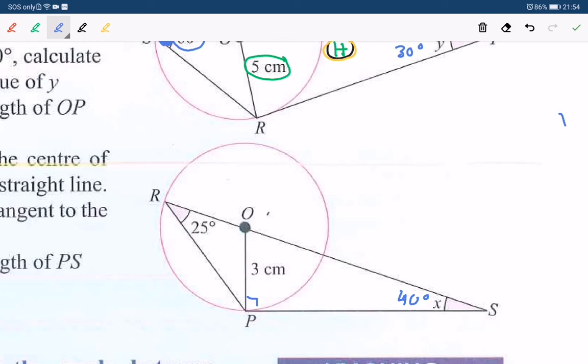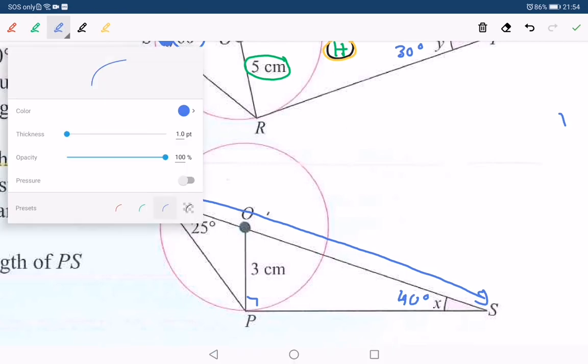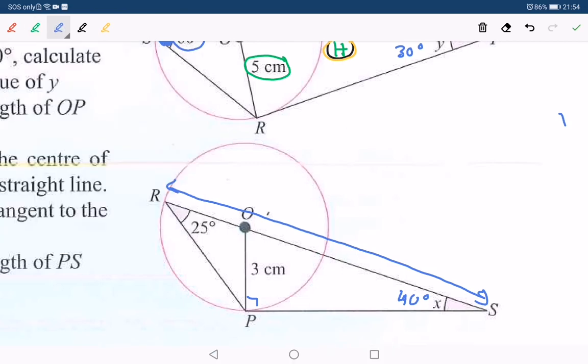RS is from here to here. That's long, but we need to come up with a strategy, so we cannot calculate everything. RS is equal to RO plus OS.